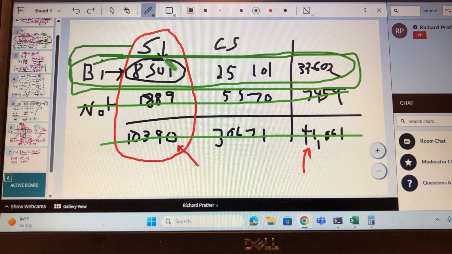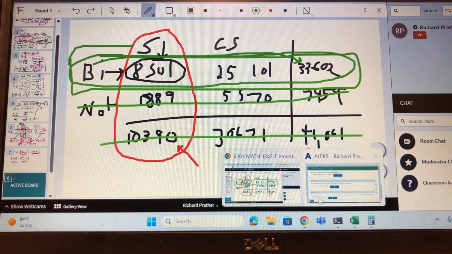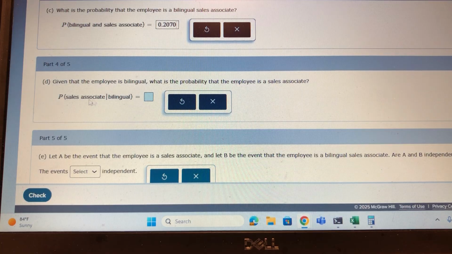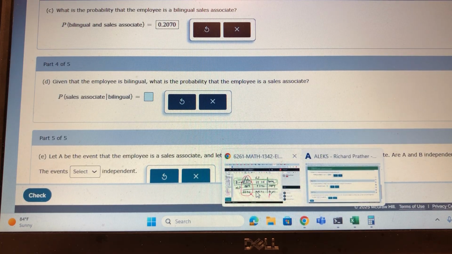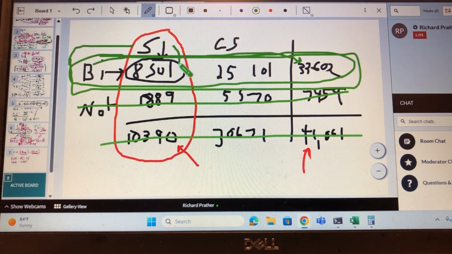Out of these bilingual people, there's only 33,000 of them. How many of them are what the first thing is asking for? The first part is asking for sales associates. So that's the 8501 that's in that row. So it's 8501 only divided by the 33,000, not divided by the 41.